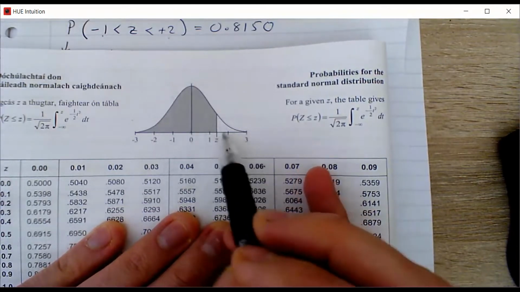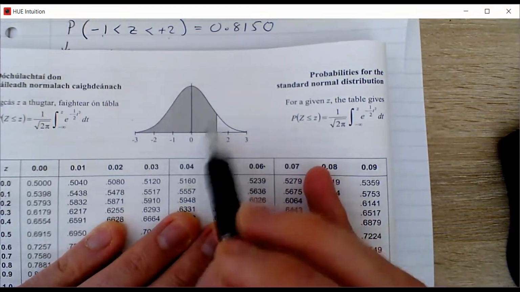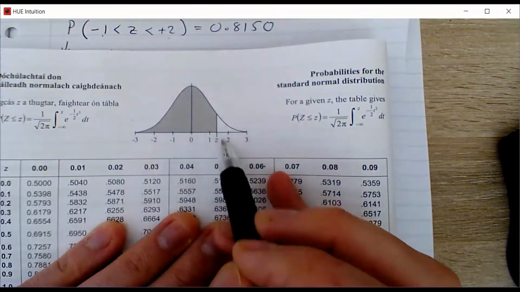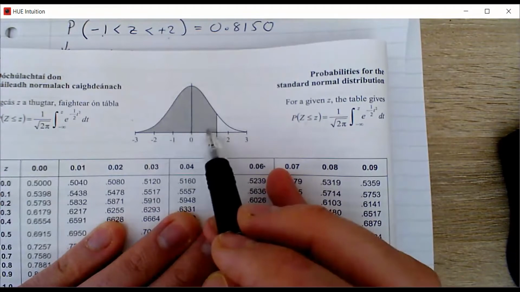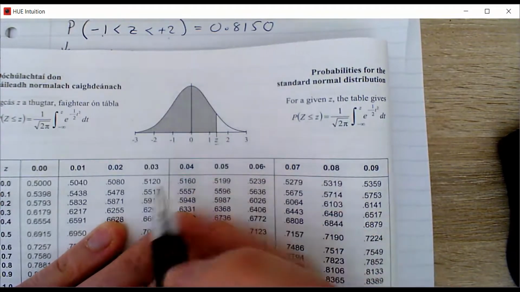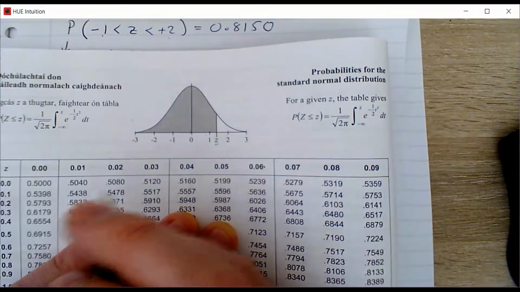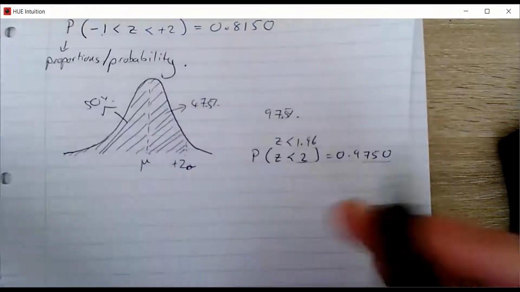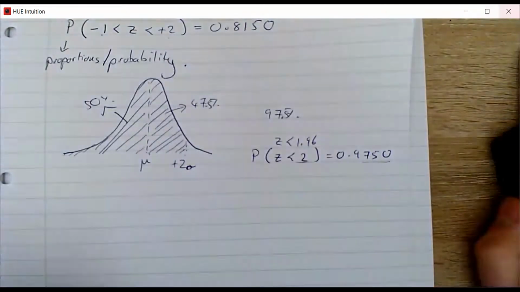So in our last case, less than 1.96, the shaded area represents that 97.5%. So the shaded area represents the proportion of values which are less than a particular value, or very often the probability that a given value will be less than. Okay, and those kind of get used almost interchangeably here.